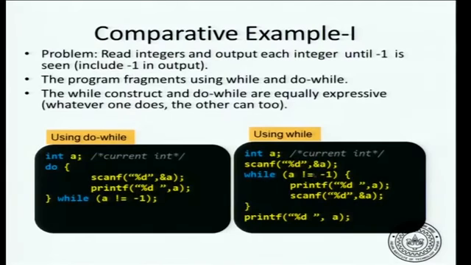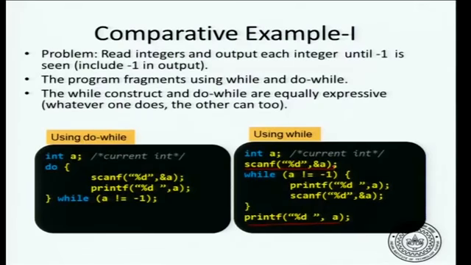If it is -1, you exit out of the loop and print the -1 that you saw. Okay. So here is the logic using the while loop. And notice that when we exited out of the loop, we needed a printf statement, and before you enter the loop, you needed a scanf statement. Okay, so this was the structure of the program.